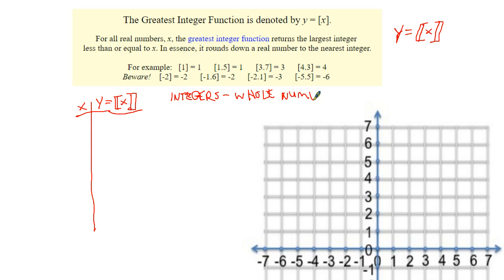So when we look at the coordinate plane, we can see 0, 1, 2, 3, 4, 5 are all the whole numbers, and the opposites are negative 1, negative 2, negative 3, negative 4, negative 5, negative 6. That's what integers are: whole numbers and their opposites.